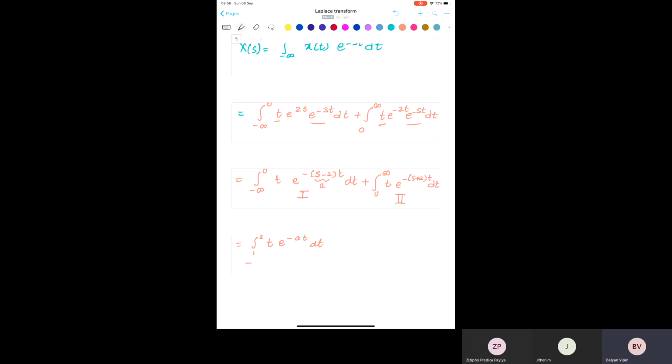I hope you know how you will do this integration, but I do it like this. There's a rule, if you know it or not: inverse, logarithmic, algebraic, trigonometric, exponential. So we follow this method.